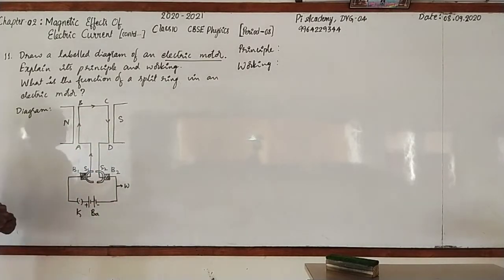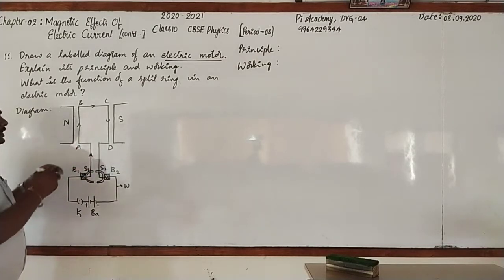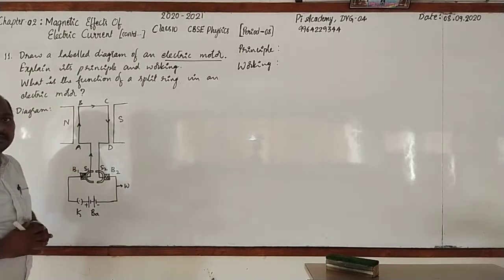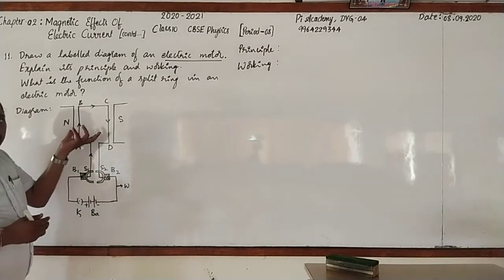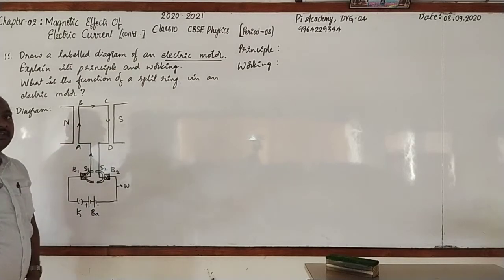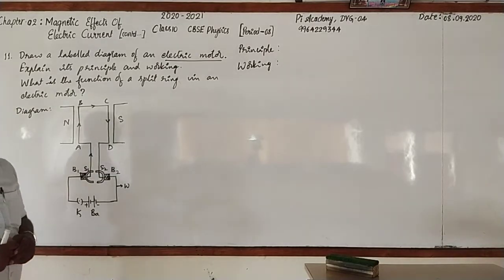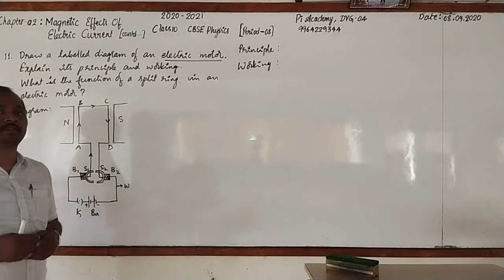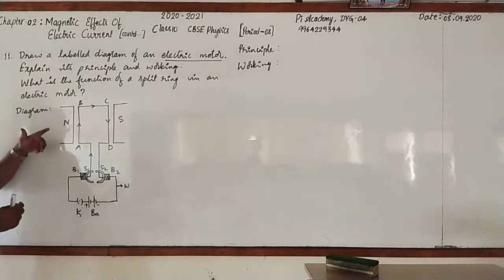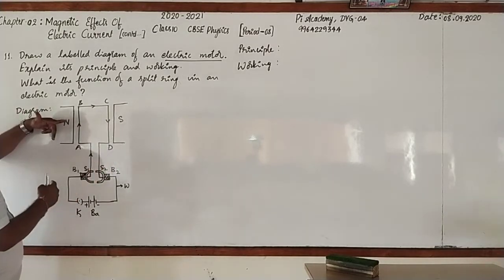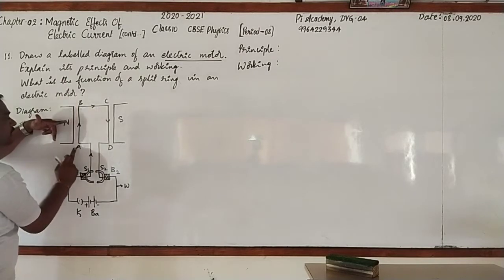But how is this possible? Here, observe it. We know that a conductor carrying current kept in the magnetic field experiences mechanical force. Here also, this armature is experiencing the mechanical force. The direction of mechanical force can be known by using Fleming's left hand rule. Observe here, the direction of magnetic field is from north pole to south pole, but current is flowing in the upward direction.